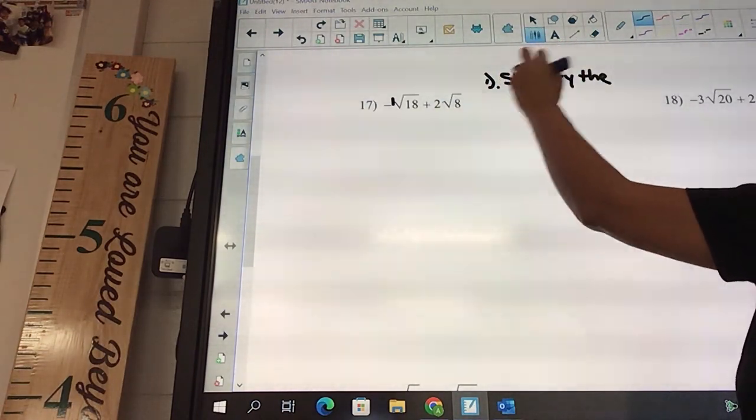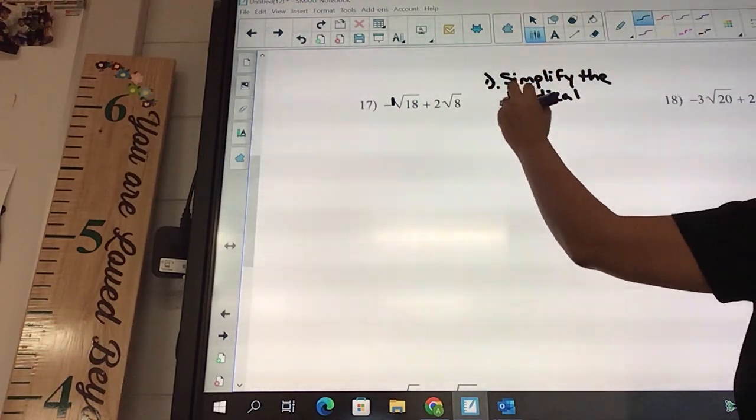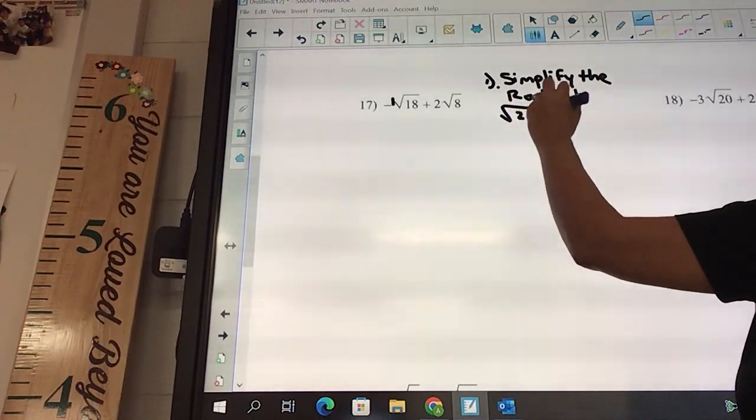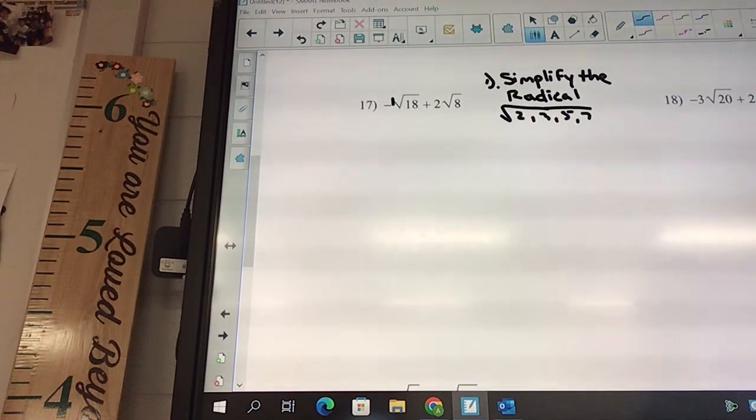You need to simplify the radical. Okay, so it should look like 2, 3, 5, 7 on the inside, something like that.